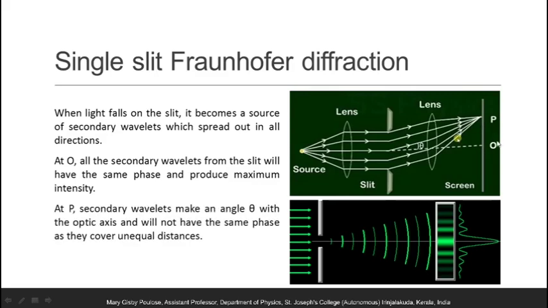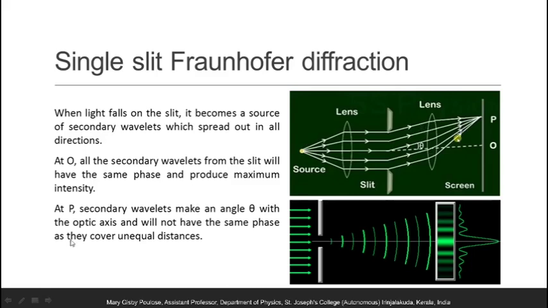Whereas at any other point on the screen, let us assume a point P. At this point P, these diffracted rays are making an angle theta with respect to the optic axis, and they will not have the same phase.